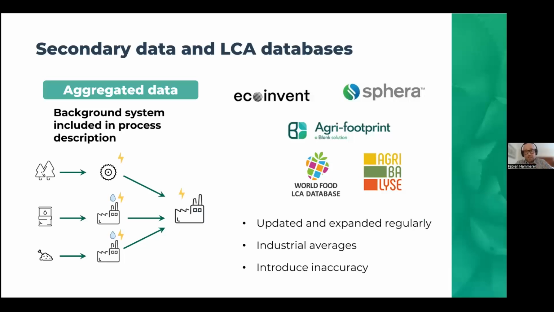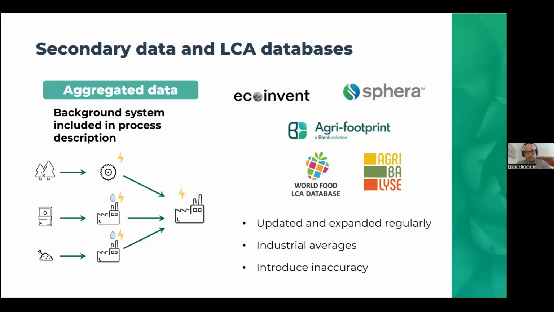Other advantages of LCA databases is that they're updated and expanded regularly. There's been huge progress when it comes to the coverage that they have and the accuracy that they reach. What they give you is industrial averages across various geographies. So you will find, for example, the tractor wheel making in Europe, in Switzerland, in North America.